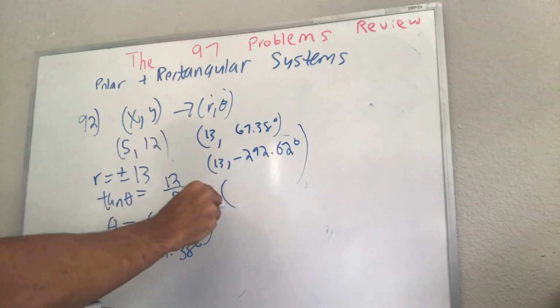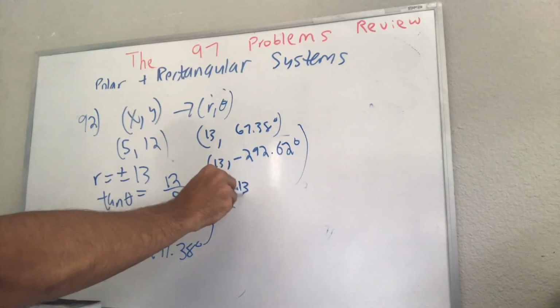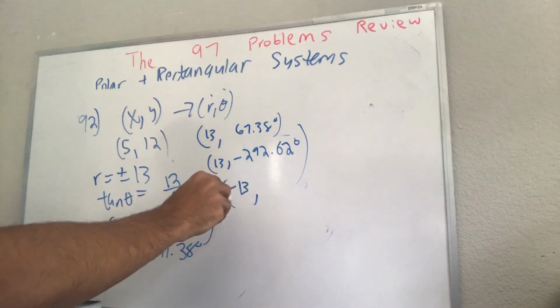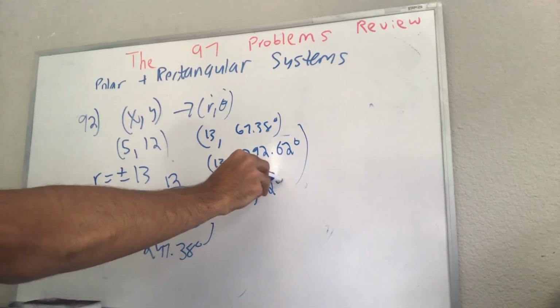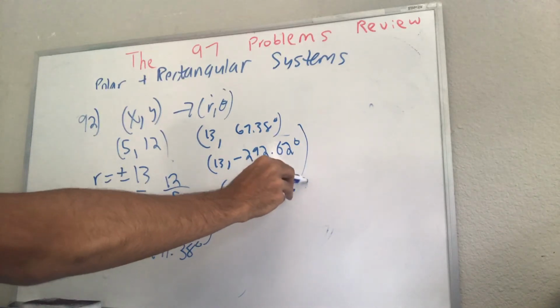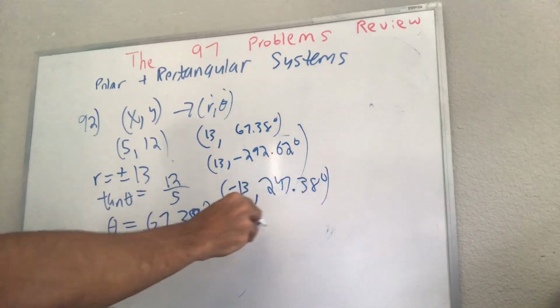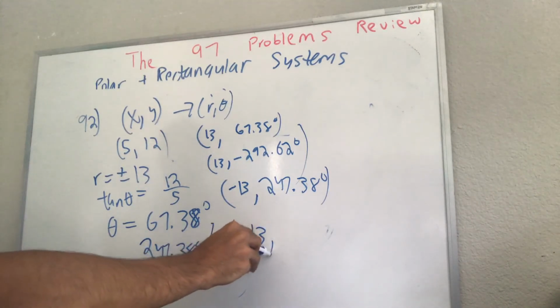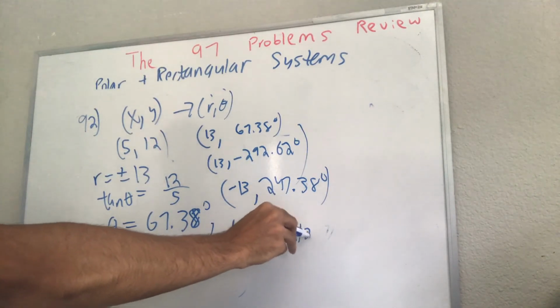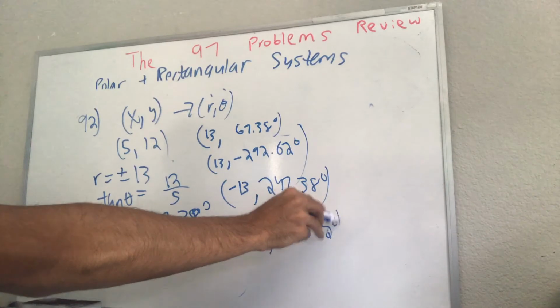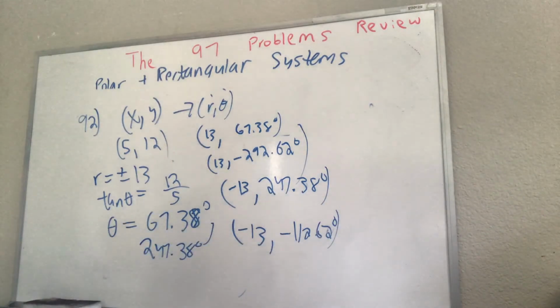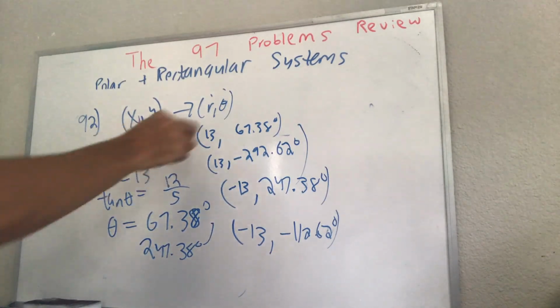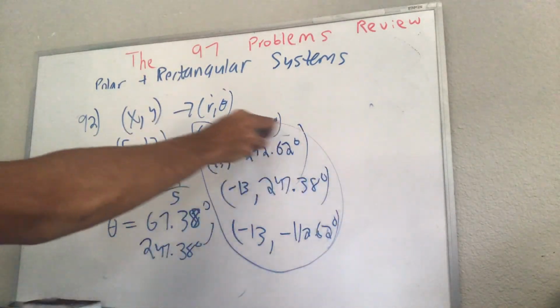And then we would have negative 13, comma 247.38 degrees. And then the last one we would have is negative 13, comma negative 112.62 degrees. Again, this is just something I got by subtracting 360 from 247.38. So our four notations are these for question number 92.